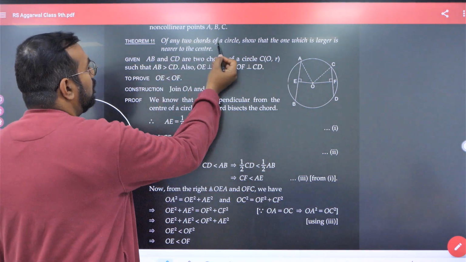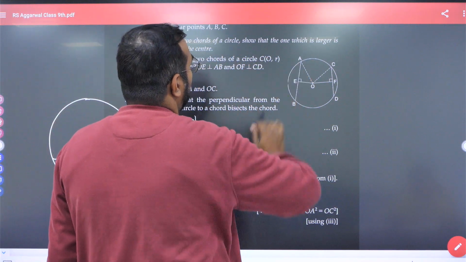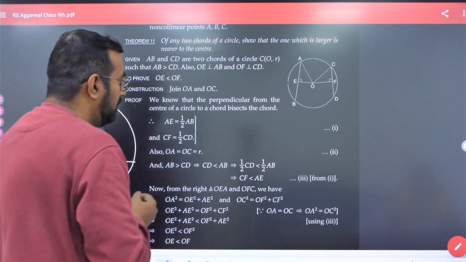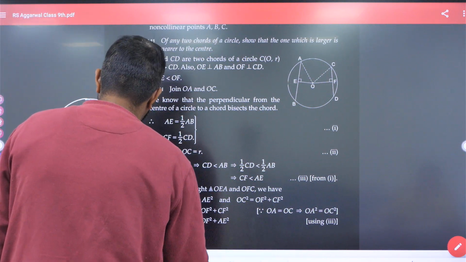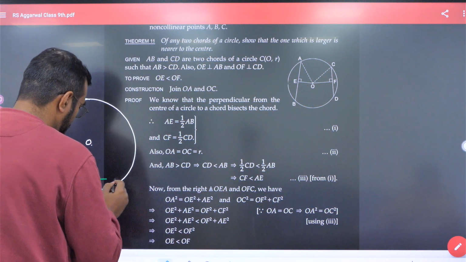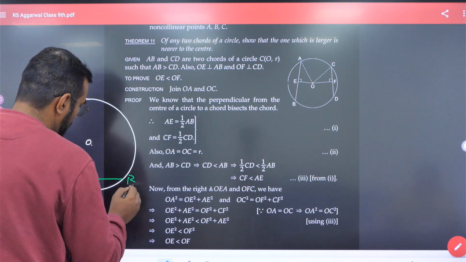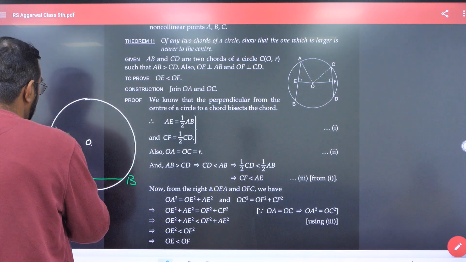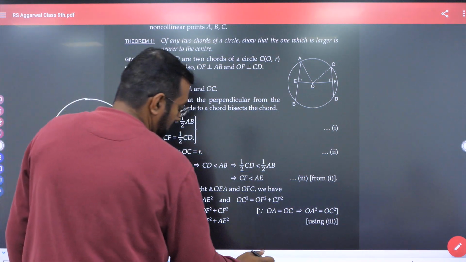If any two chords of a circle, so that the one which is larger is nearer, means that there are two chords in the circle. Let's say a chord AB and a chord CD.